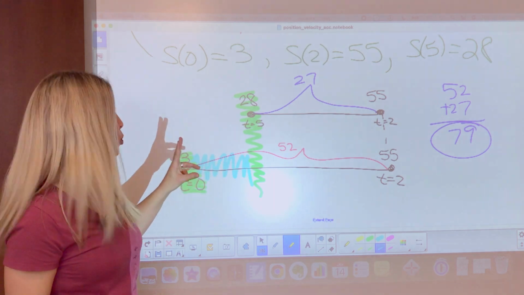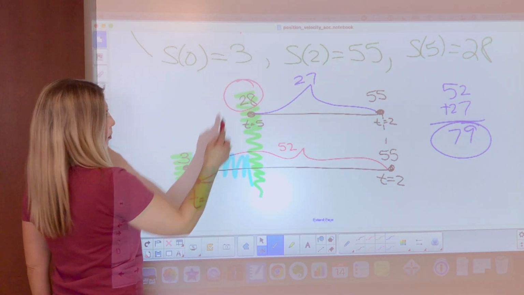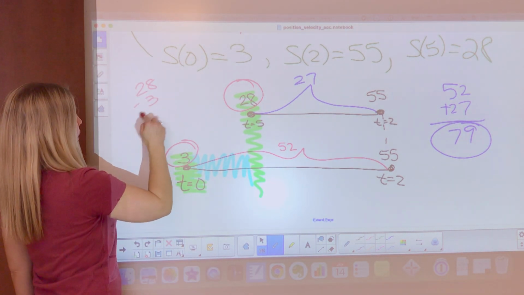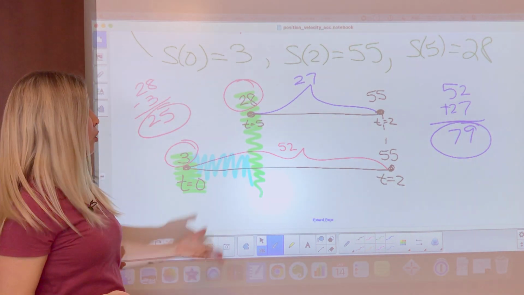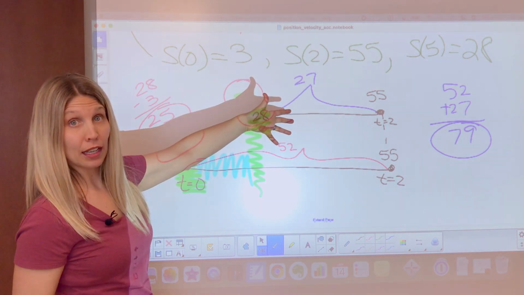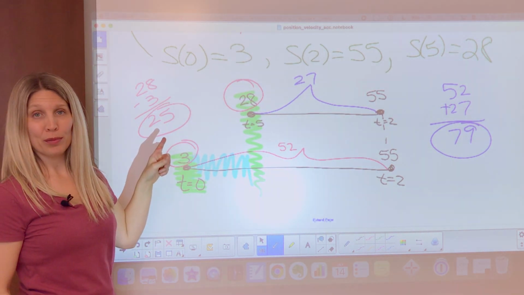You can actually do this two ways. The easiest way to do it is to see that you ended up at 28 and you started at 3. 28 minus 3 is 25 units. The other thing you could do is take 52 minus 27 and you'll get 25 as well.